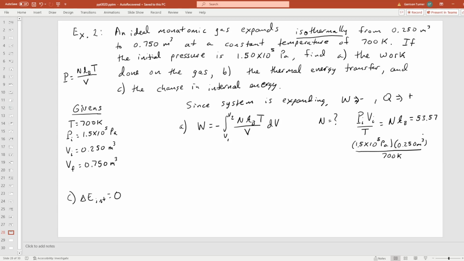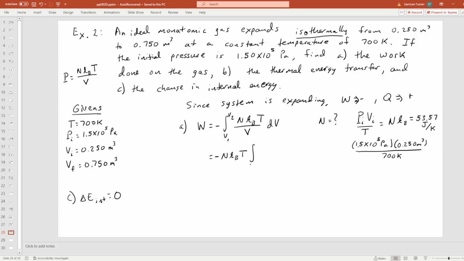Okay? And the units are going to be the units of KB. So this is joules per Kelvin. All right. Okay, so that allows us to actually perform this integration, right? And really, we actually could have multiplied our temperature through there because it's isothermal, so it's constant. So technically, the entire numerator comes out, but that's okay.